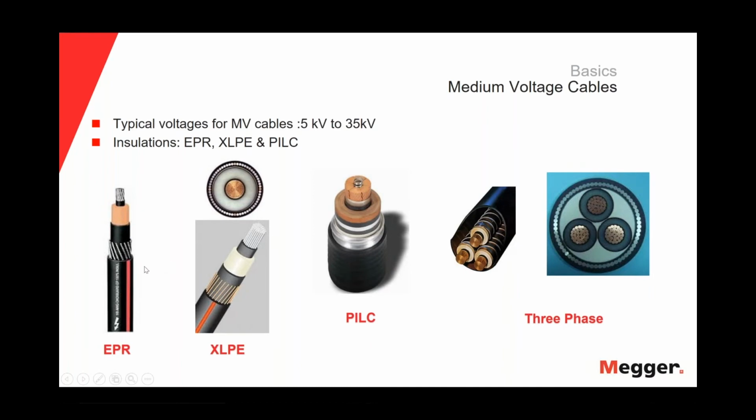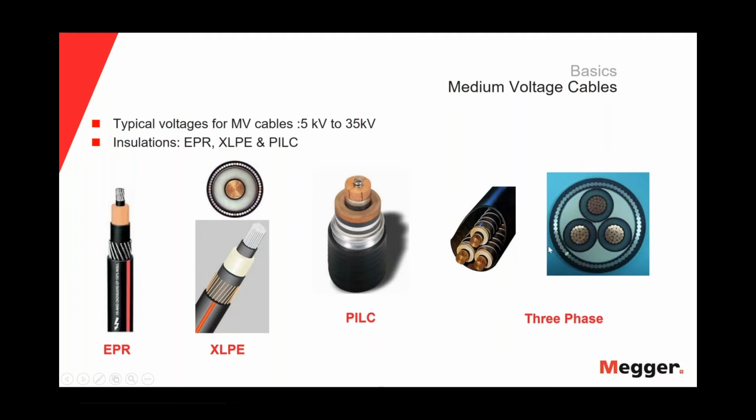If you see in the first 3 pictures from the left of the slide, we can see the EPR, then we have the XLPE, and then the paper impregnated lead cable. And all of them are in a configuration of 1 phase. The last 2 pictures on the right of the slide are a 3-phase configuration cable.